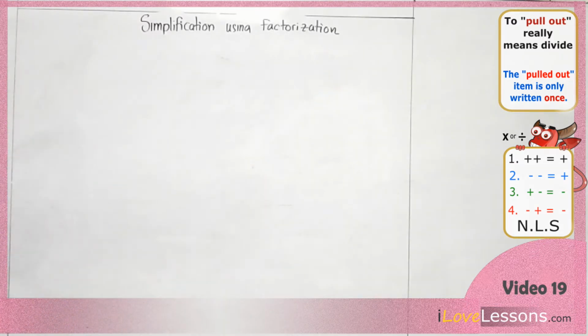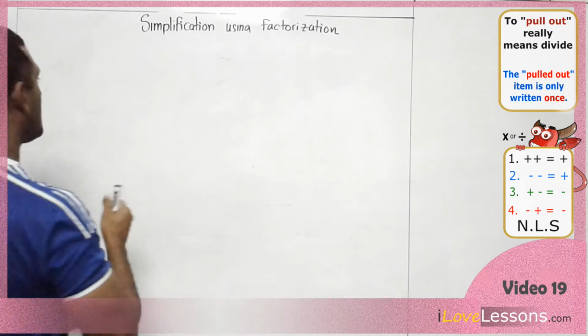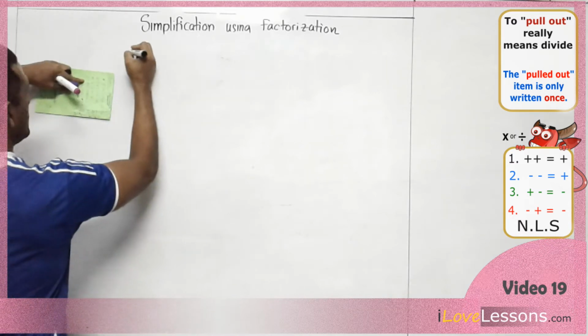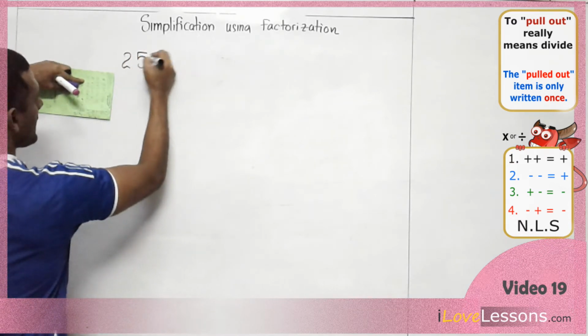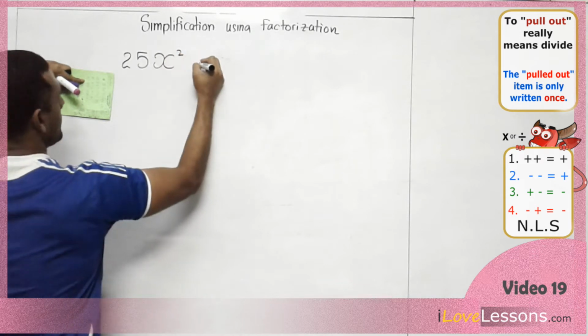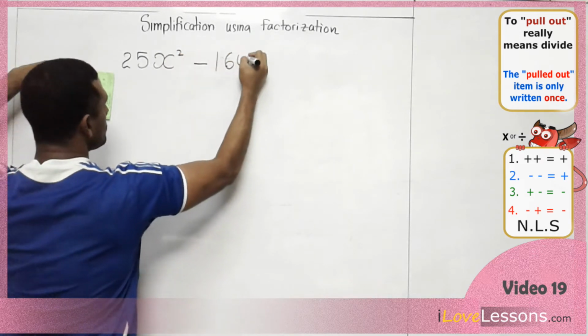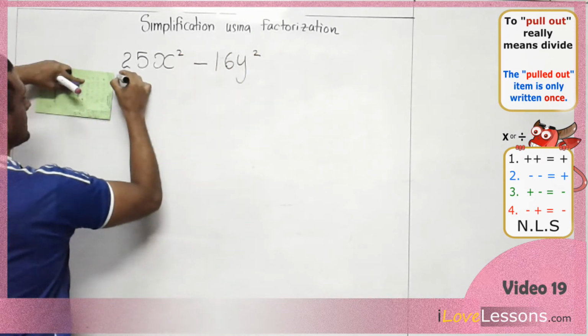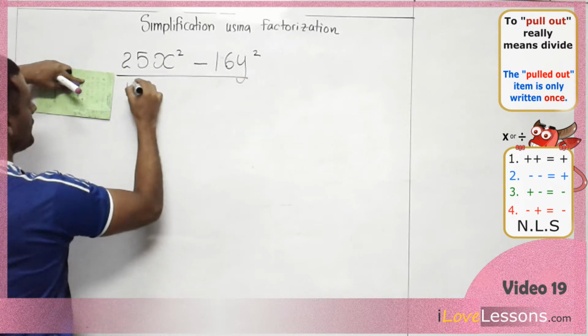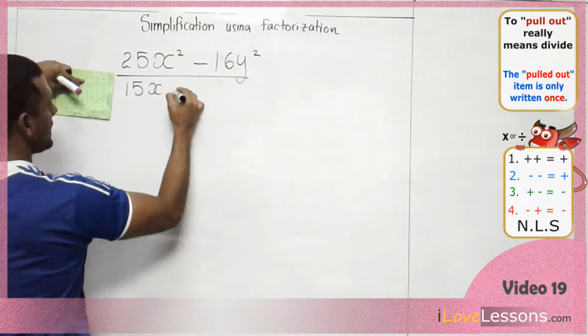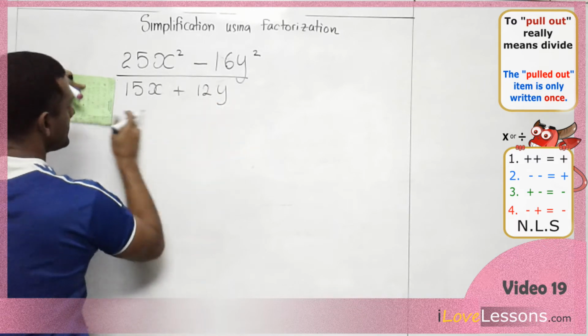Right, so let's try one like, oh, this is a good one. 25x squared minus 16y squared divided by 15x plus 12y.